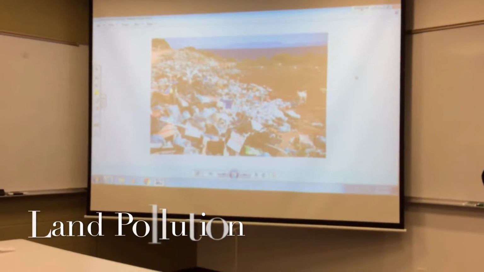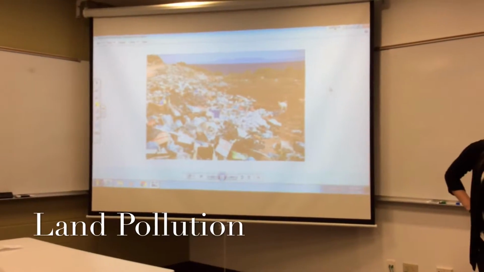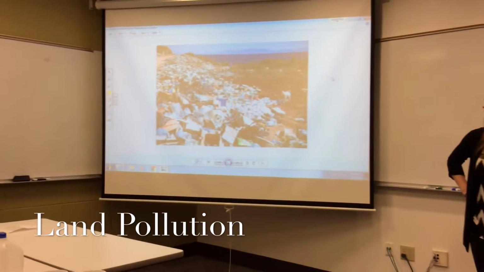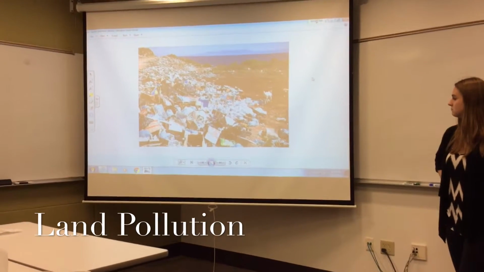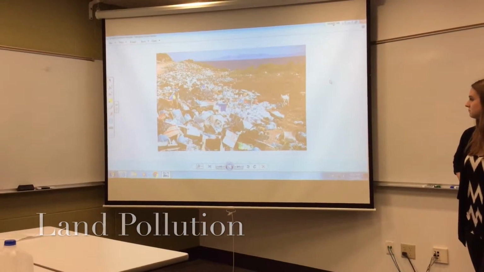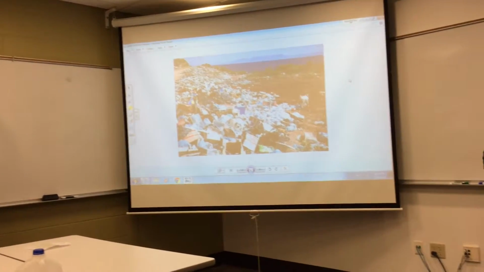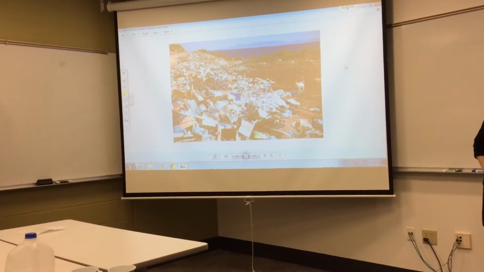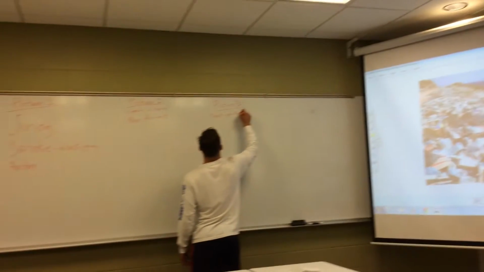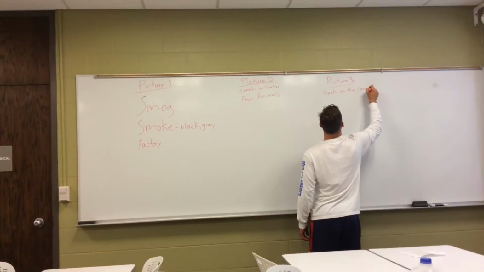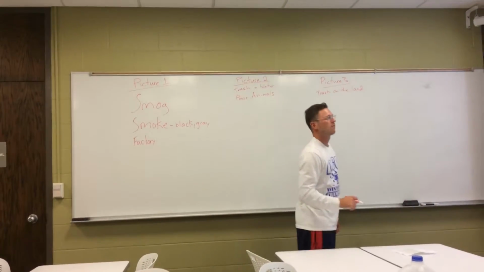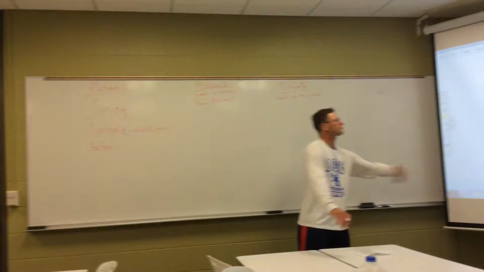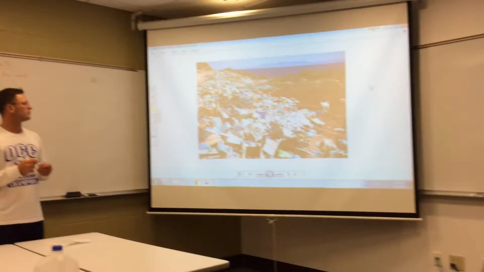There's animals near all of the trash. The trash is just piled up outside. It's not even in a container or anything. It's just on the land. Yeah, there is just trash all over this picture. It kind of looks like a junkyard. Yeah, like a landfill. Trash on the land. There's animals grazing in the garbage.